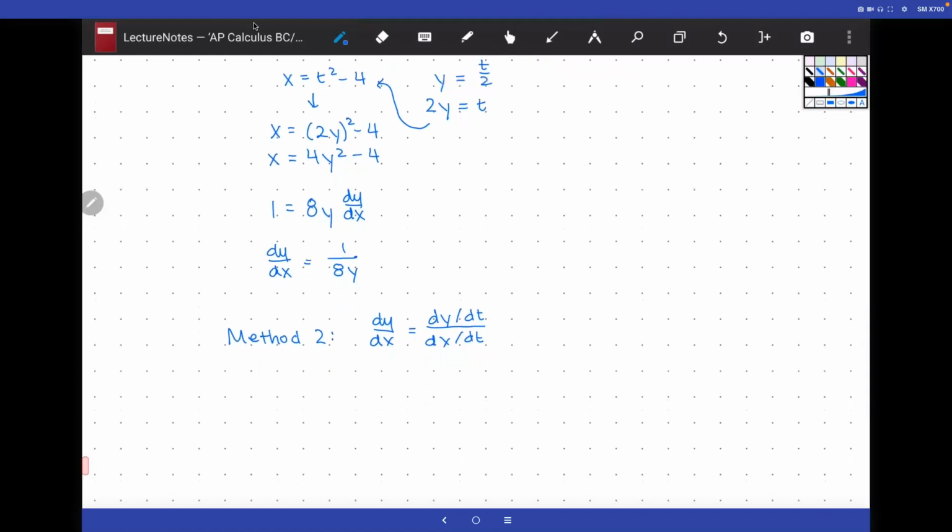I have x and y at the top of the screen still, so we can see those. So dy dx is dy dt over dx dt. What is dy dt? 1/2. What is dx dt? 2t.